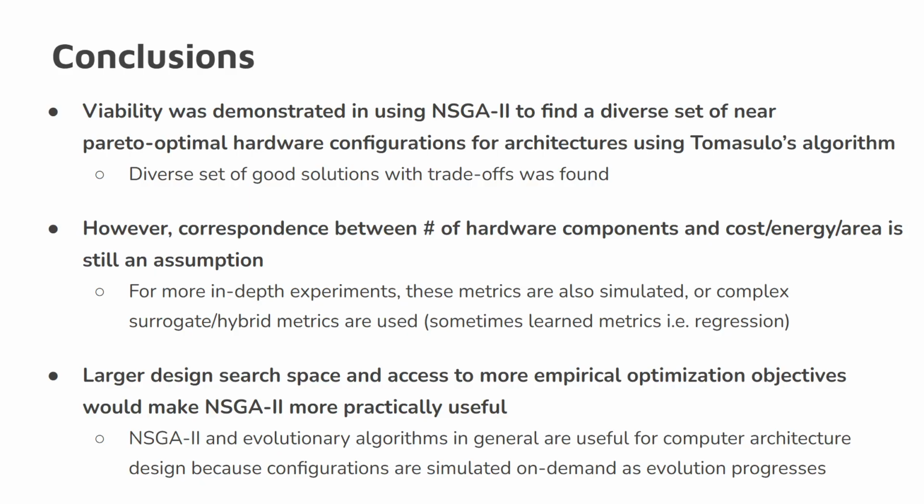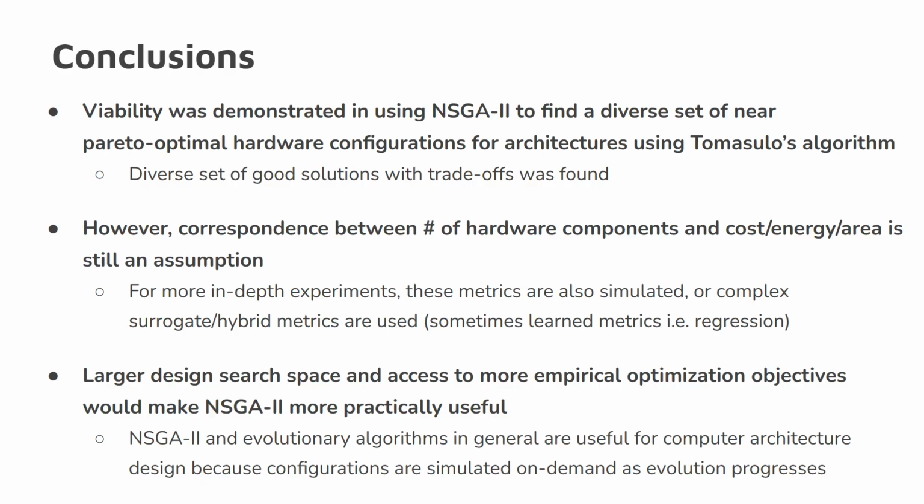More in depth experiments often use simulated metrics for cost and energy, etc., but they are much more complex. They often have hybrid metrics. For example, some of the ones I looked at used regression.